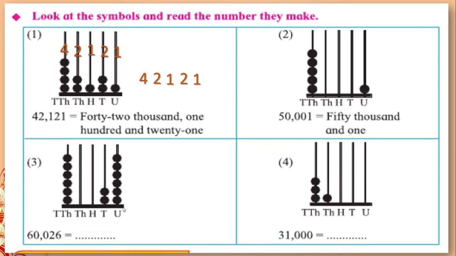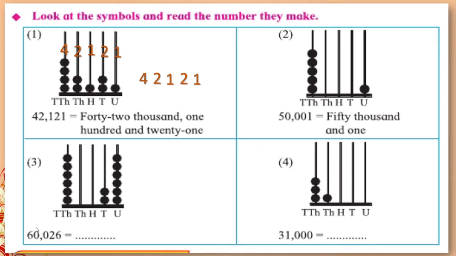Now we will move to the third one. See here, in the unit place there are 6 beads, and in tens place 2 beads. In hundreds place nothing is there, in thousands place also no beads, right? And in the 10,000s place we can see 6 beads. The number is like this, correct? 60026. Now you know that after 3 digits from the right side we give a comma, so that it becomes very easy to read the number, right?